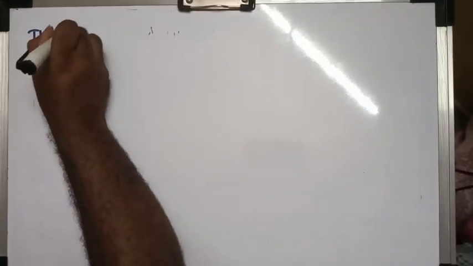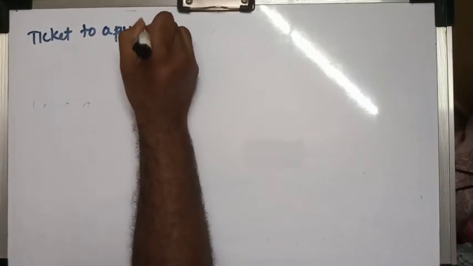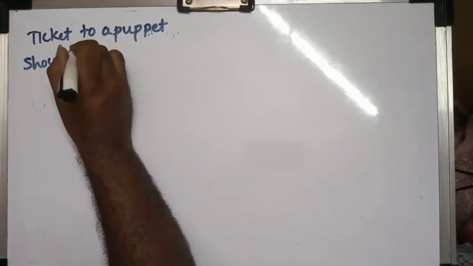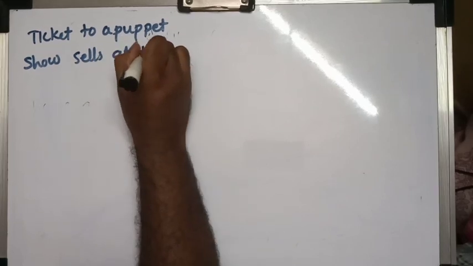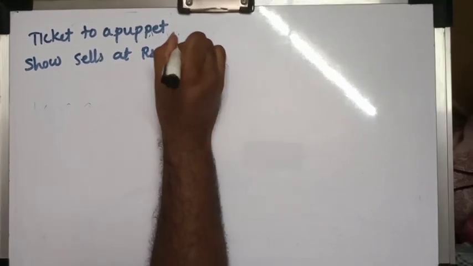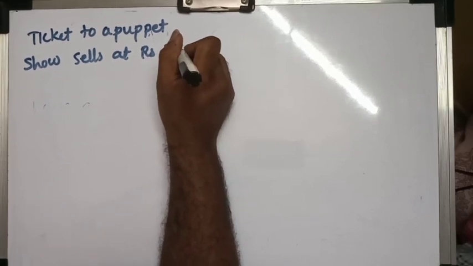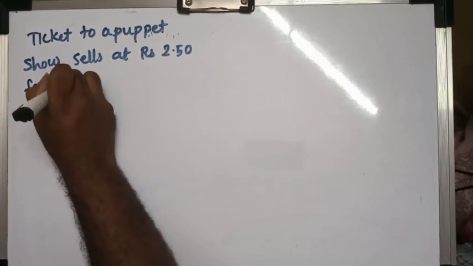The question is that the ticket to a puppet show, okay, a ticket to a puppet show sells at rupees, say 2.50. Okay, this is the ticket for the puppet show, 2.50 for children.